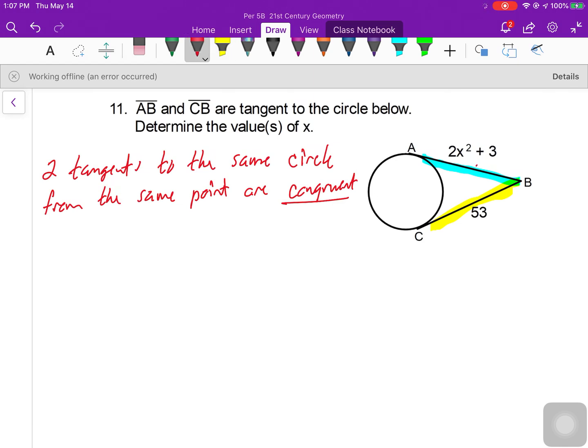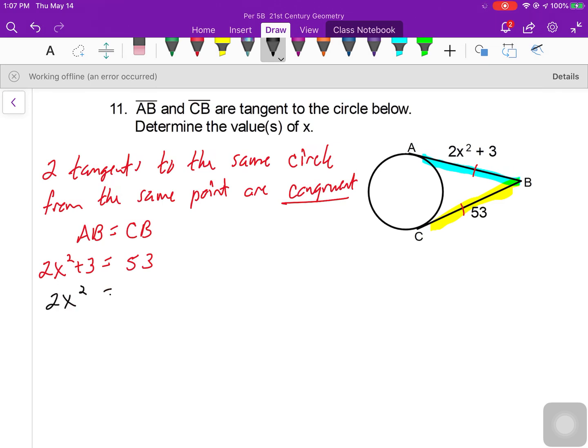So that means that this A to B will be congruent to B to C. Those two are going to be equal to each other. AB is going to equal CB.